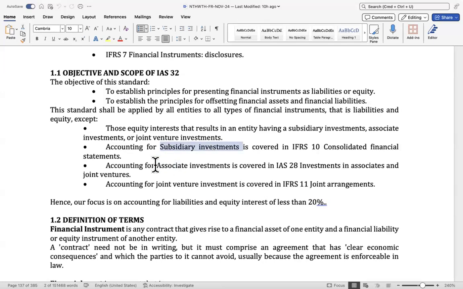The key indicator for associate is significant influence. But again, looking at it from the standpoint of holding interest, if your holding interest in another entity is less than 20%, then that is what we want to look at here today under financial instruments.